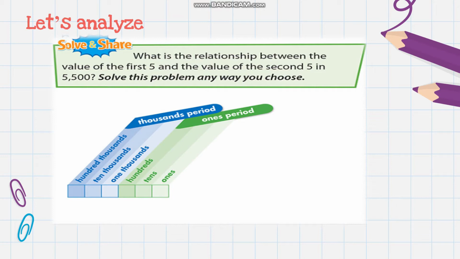Let's analyze this problem. What is the relationship between the value of the first 5 and the value of the second 5 in 5,500? If I put this into a place value chart, it should be 0 here, 0 here, 5 here, and 5 here. Now, let's analyze the problem.